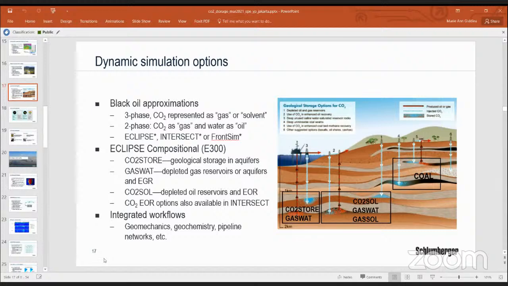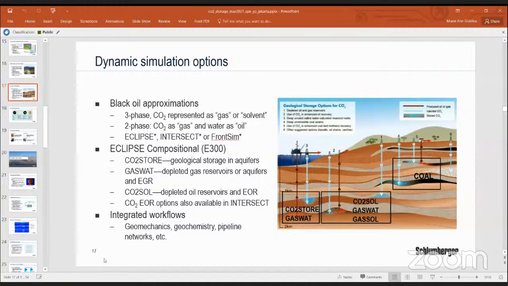And you can do that sort of study very simply in Eclipse or Intersect or FrontSim. But of course, it doesn't include anything that will really tell you about the long-term fate when it comes to things like mineral reactions over the longer period of time.